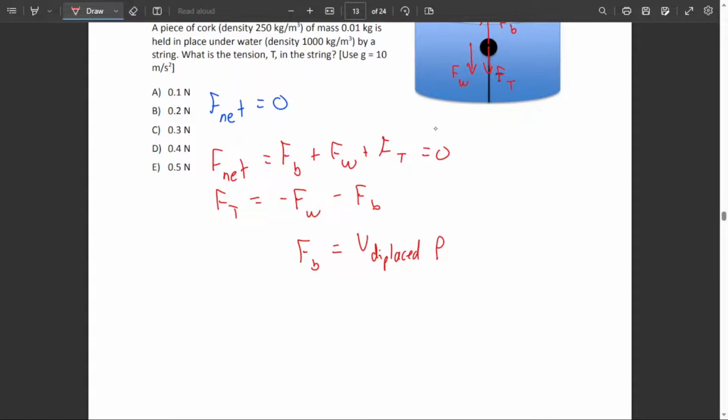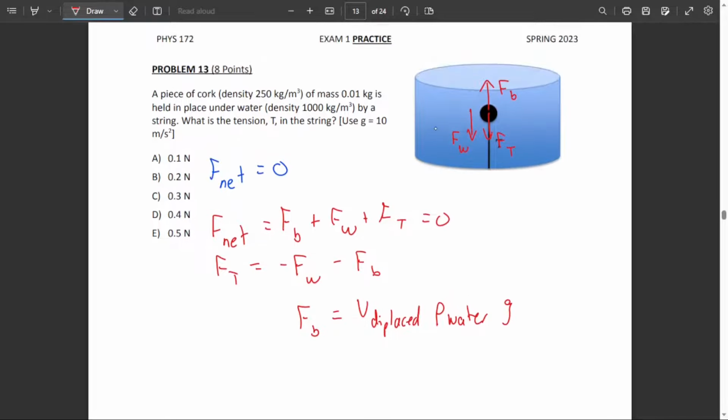Rho is used for density. Density of the water, and then all times gravity. So we are given the density of the water. We just need to find the volume of the cork, which is the volume that is being displaced here.